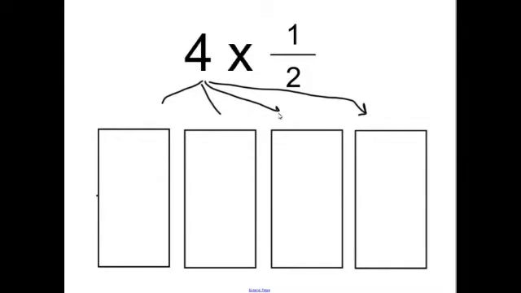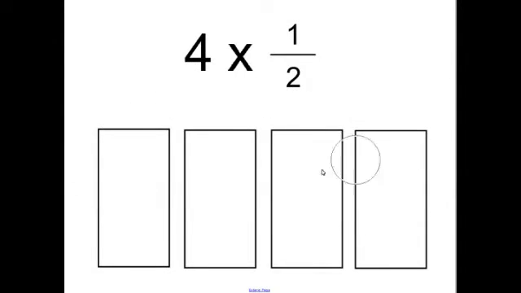So if I said what are 4 halves, if I split each of them into half very quickly, which these aren't exactly halves, I've got 1 half, 2 halves, 3 halves and 4 halves. 1 half plus 1 half is 1, plus 1 half is 1 and a half, plus another half would be 2.